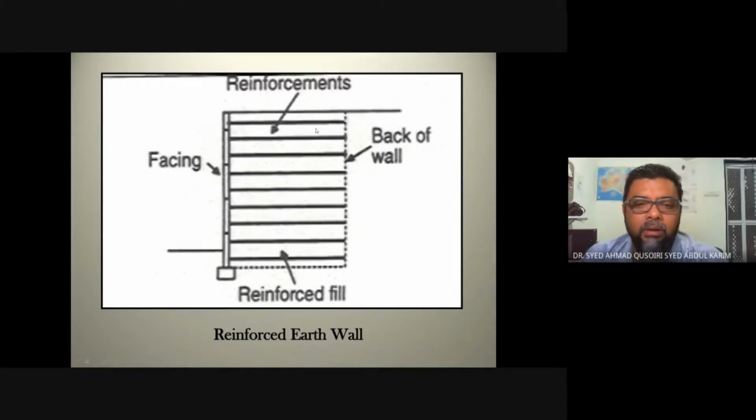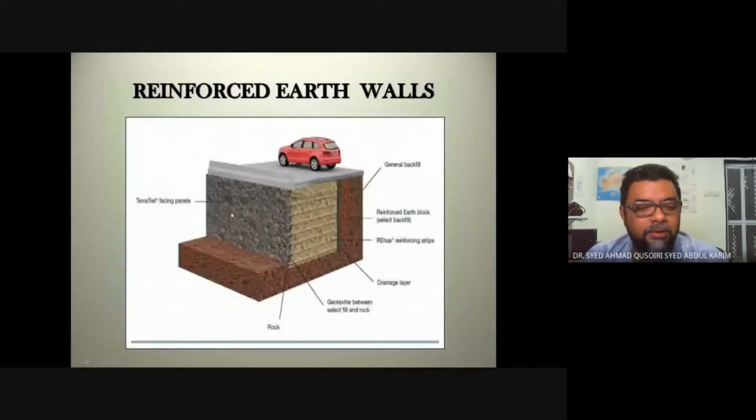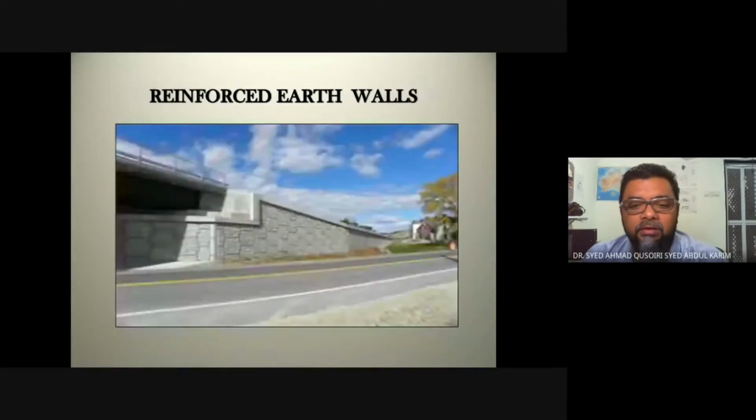So it will hold these reinforcements in place, and that reinforcement will hold this wall in its place. Another example here. So this is what we commonly see at the reinforced earth walls.